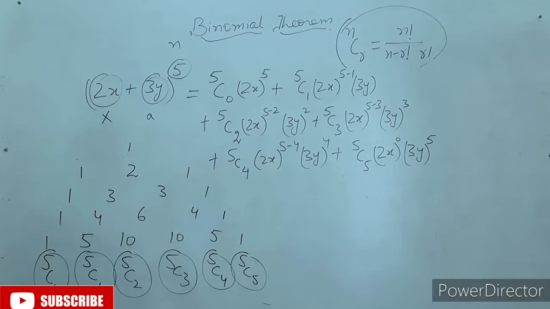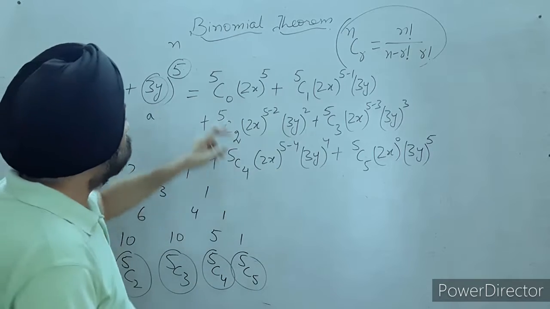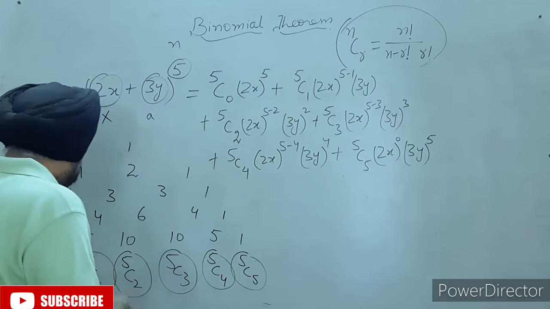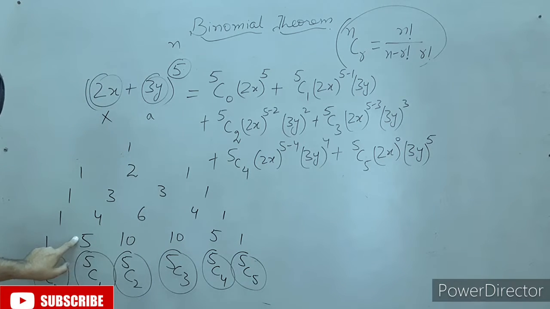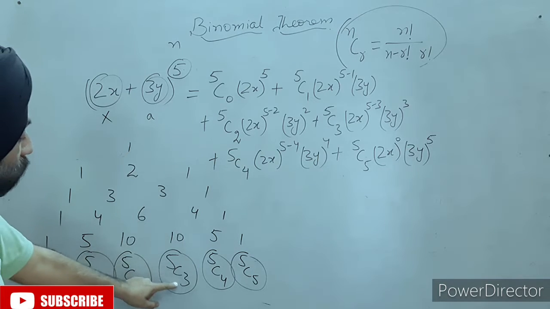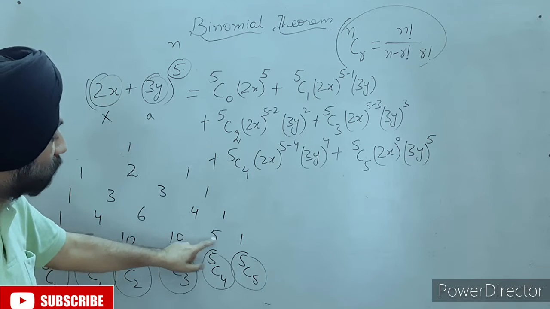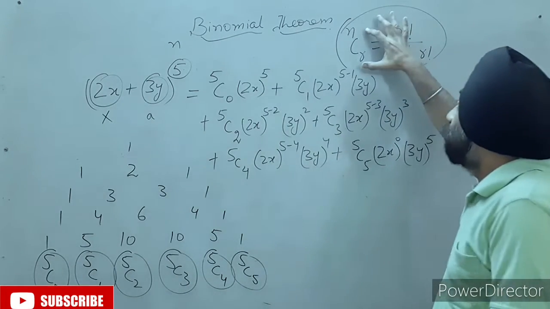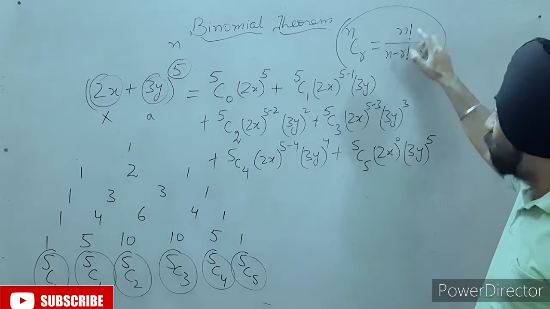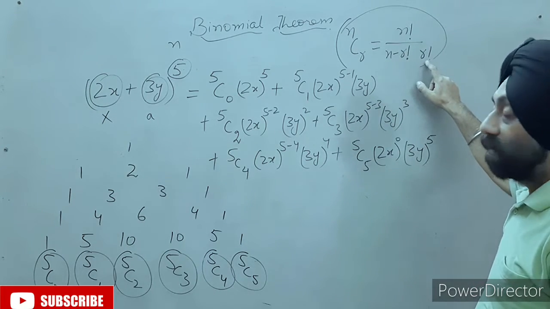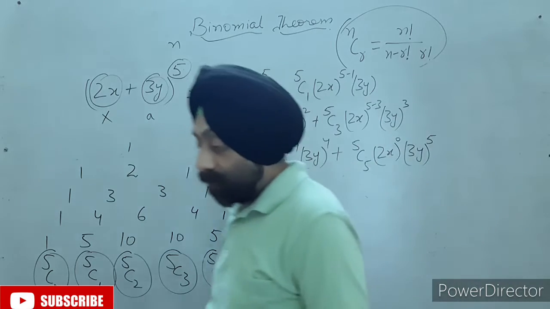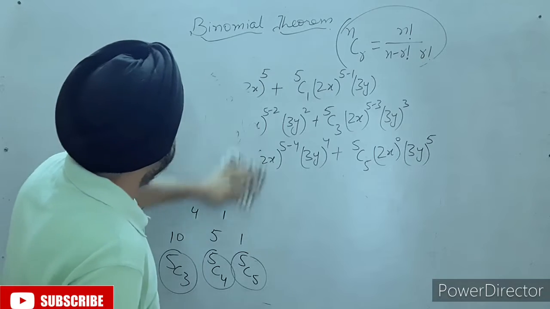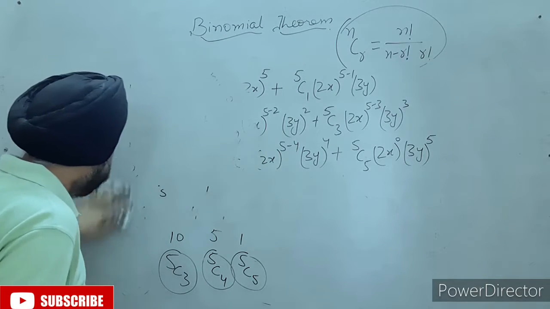It is a shortcut that makes calculating these values very easy. 5C0 is 1, 5C1 is 5, 5C2 is 10, 5C3 is 10, 5C4 is 5, and 5C5 is 1. Or we can use the formula nCr is n factorial over (n minus r) factorial into r factorial. Hope you have understood this.